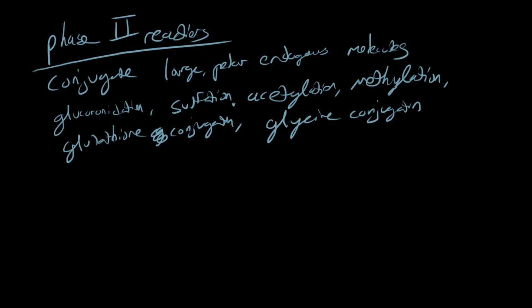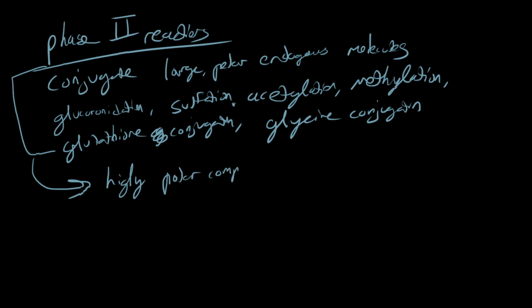The results ultimately of all these phase 2 reactions is that they want to make highly polar compounds. Again, they make them polar because they want renal or biliary excretion to be enhanced.